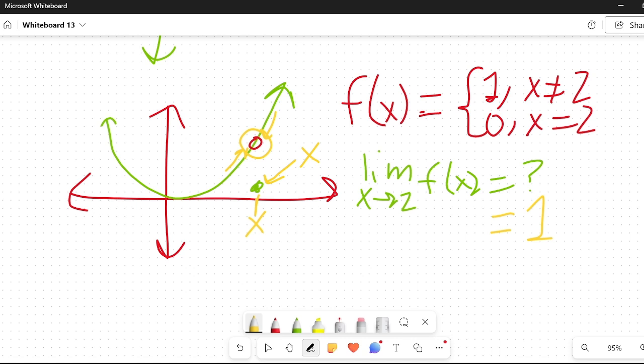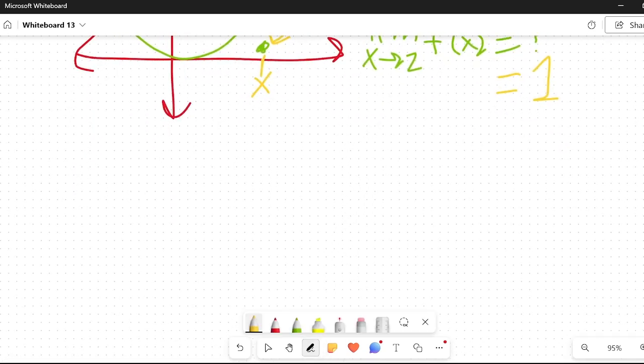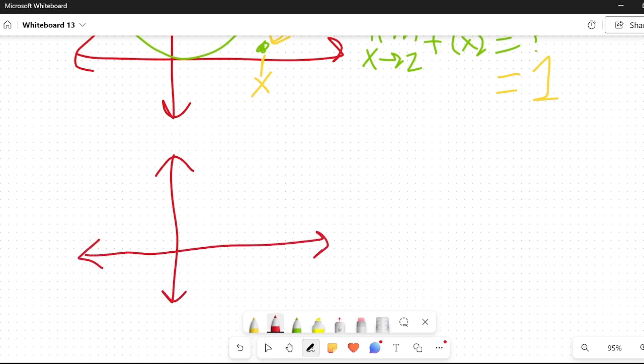And then lastly, if we take another graph once again, and we have something like this, let's say we have a break.